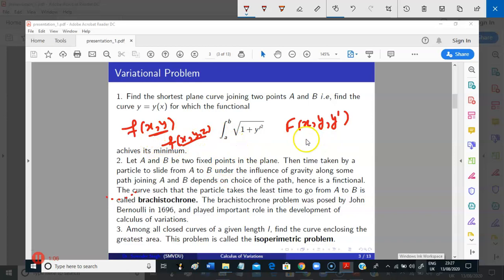In this situation, it is not like that. Here x is a variable, and y is depending on x. Similarly, y dash is also depending on x. But in a functional, these y and y dash are also behaving like variables. So y and y dash in fact will be called the generalized variables.